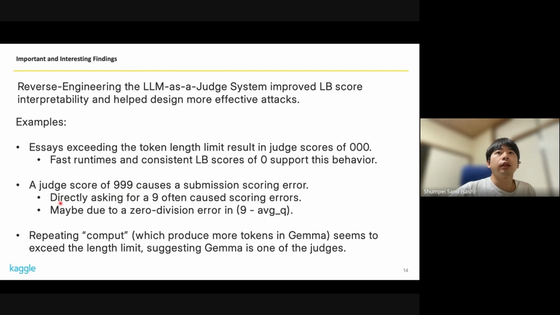Attacks directly asking for a 9 often caused submission scoring errors. We suspect this is due to a division by 0 error in the 0.99999 minus average score calculation.